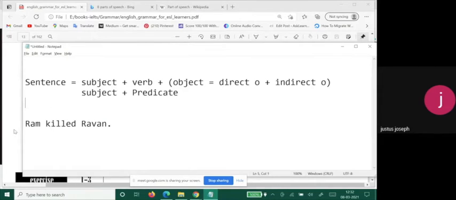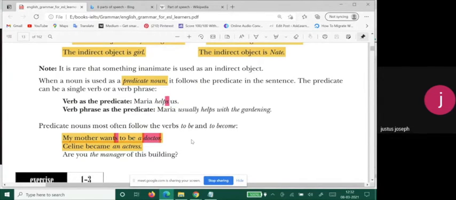So coming back, there is something called a predicate noun. Now, what is a predicate noun? A predicate noun will follow the predicate part of a sentence. That is, there will be a subject, a predicate, and after that a noun.